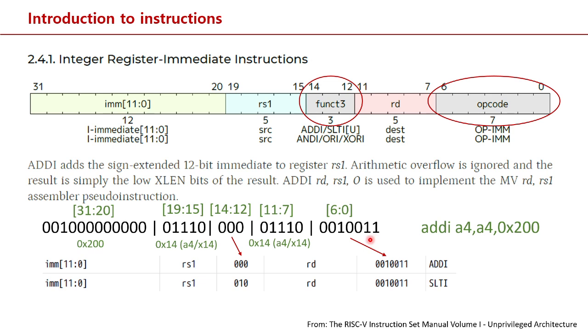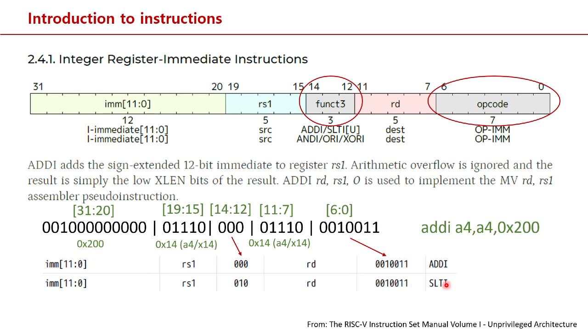First, let's take a look at the opcode. For this binary value, bits 0 to 6 contain 0010011, and this value means that this is the ADDI assembly instruction. But in the RISC-V architecture, this opcode only indicates the instruction group.